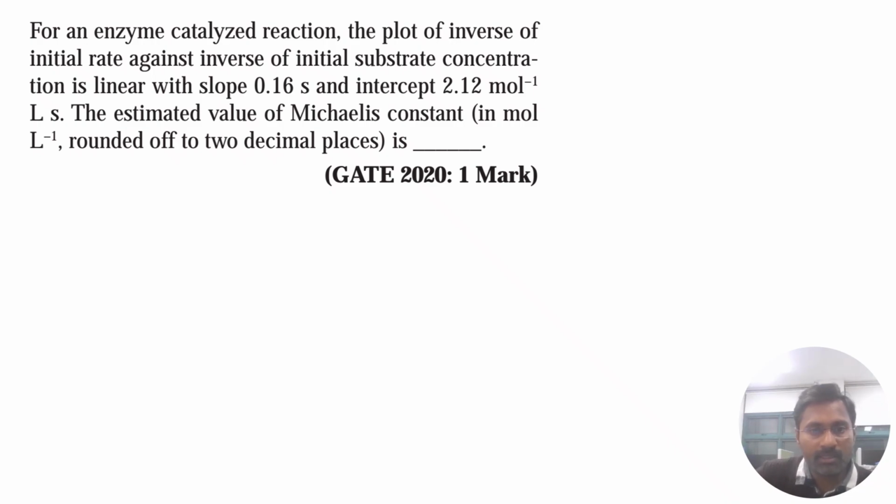For an enzyme catalyzed reaction, the plot of inverse of initial rate against inverse of initial substrate concentration, that is 1 by R versus 1 by S, which is nothing but the Lineweaver Burk plot, for which intercept is 1 by Vmax and slope is Km by Vmax.